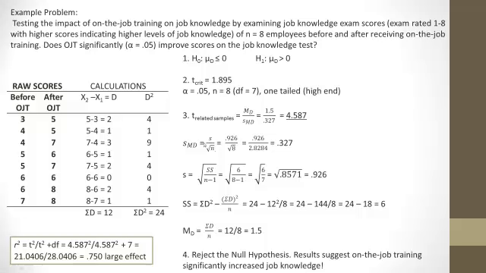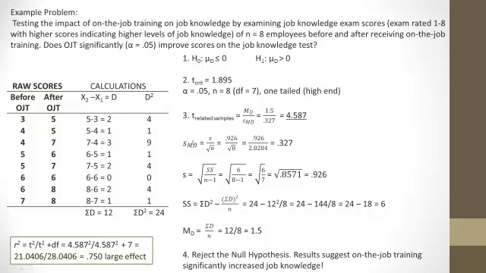Then I look at the formulas that I wrote down and I say, okay, I don't know what the sum of D is, but I know how to get that by taking each X for the post-test and subtracting each X for the pre-test, or the measure of the dependent variable for each person, finding the differences. And then N, I already know N. So I'm done with that one.